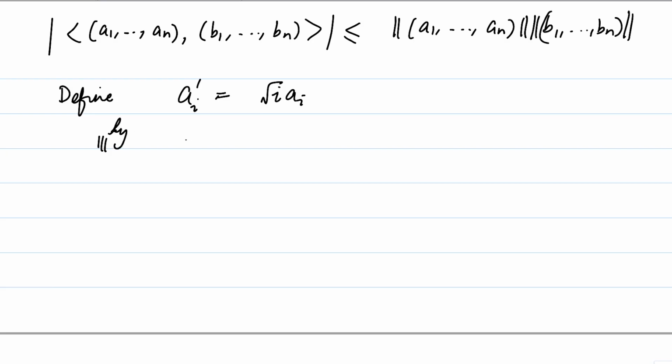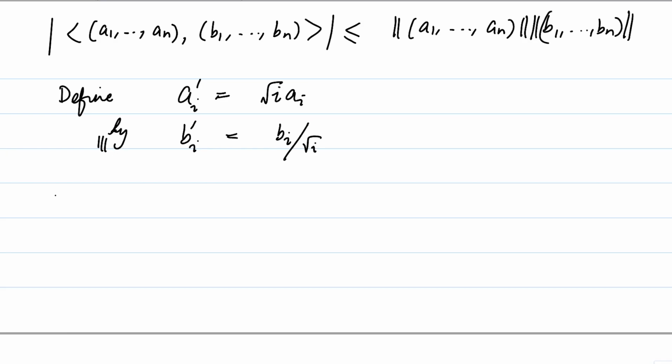Similarly, bi prime to be equal to bi by the square root of i. So we will define now ai prime and bi prime in this manner.